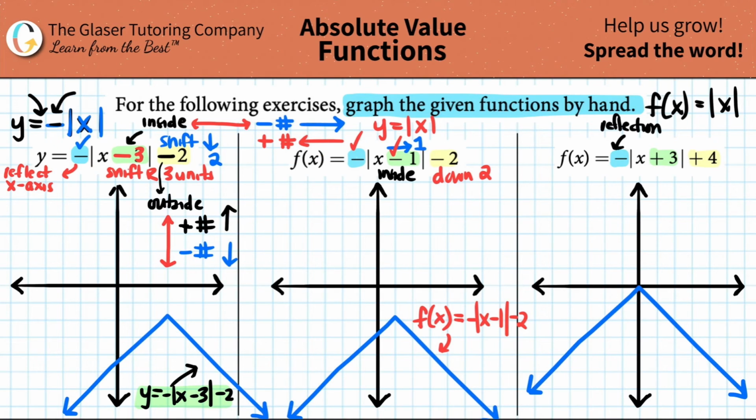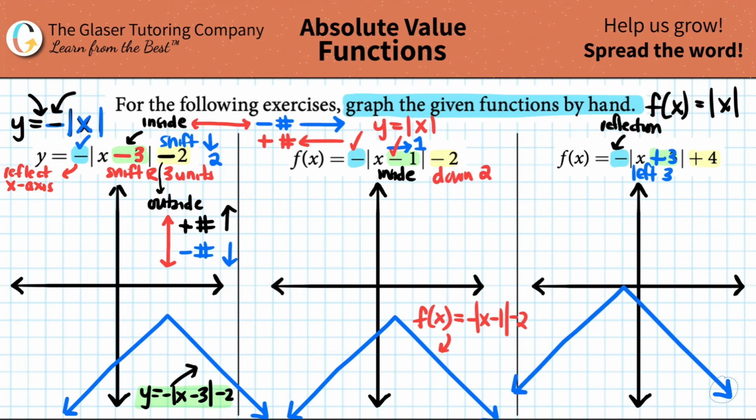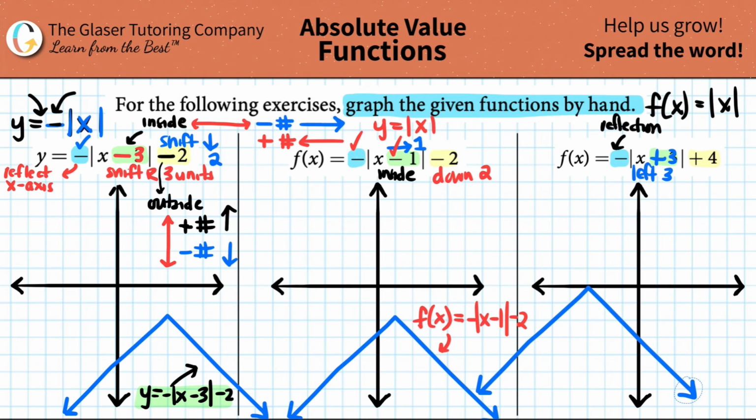Pluses always go to the left. So it's a plus 3, which means that I will be going to the left 3. So I'm going to visualize the peak of the mountain, and I need to take my whole graph and go over 3 to the left. So 1, 2, 3.